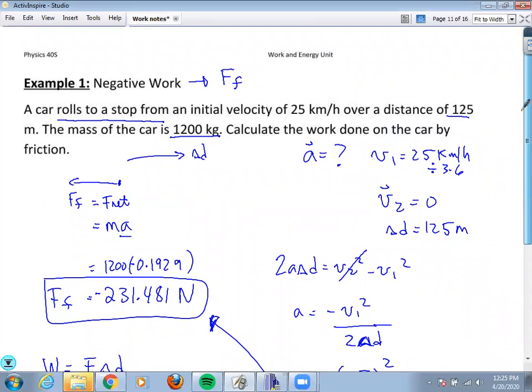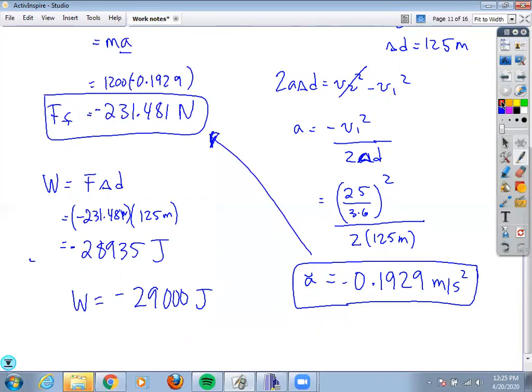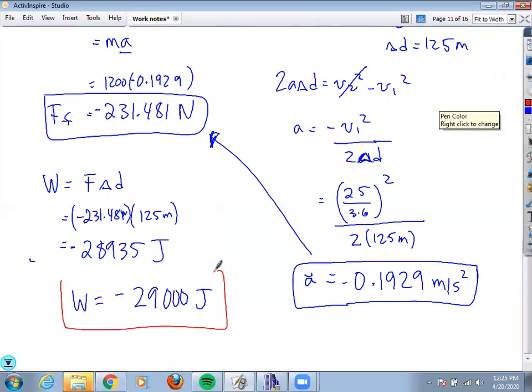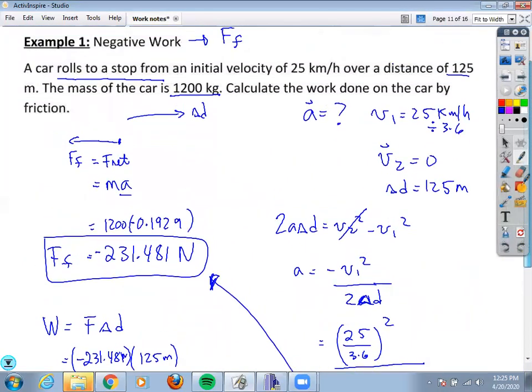We need 2 sig figs. So it would be negative 29,000 joules would be equal to the work done by friction when the car rolls to a stop. That is an example of calculating negative work.